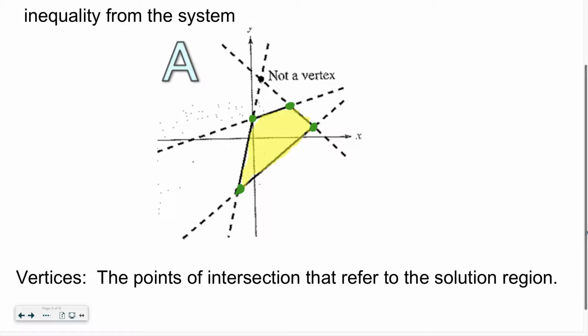Okay? And we will have to figure out what those are. Okay. Notice how this is a point of intersection right here. That doesn't matter because it's not with the shading. These four coordinates right here are all with the shading, so those are the ones that matter.